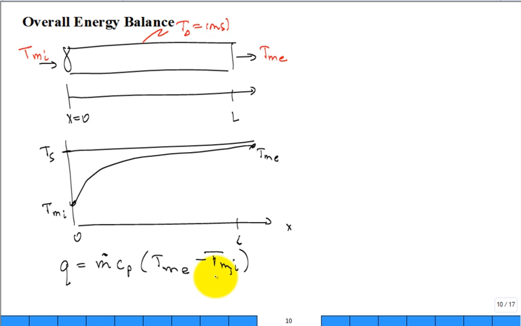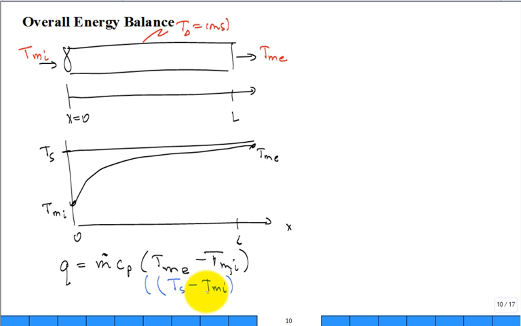I can then say I want to use the theta. I'll just do it in two steps. Put parenthesis and put minus TMI there, close parenthesis, and I'm going to put a Ts in.